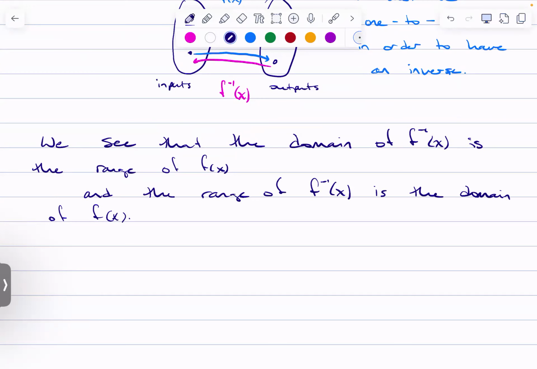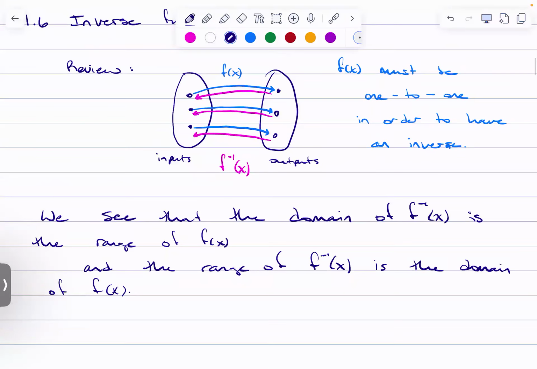Right, so they just swap. There's a little tiny bit of confusion just because of the notation, right? But with a little bit of practice, you'll kind of get the hang of it.